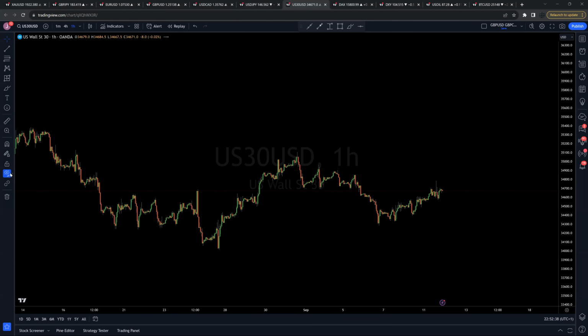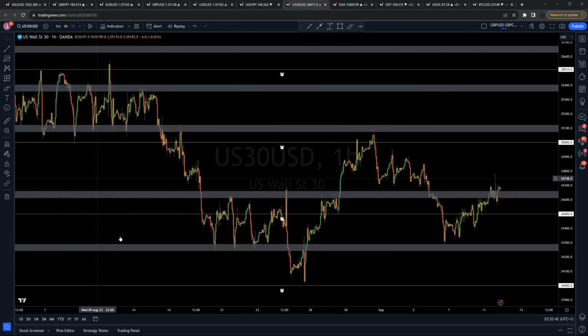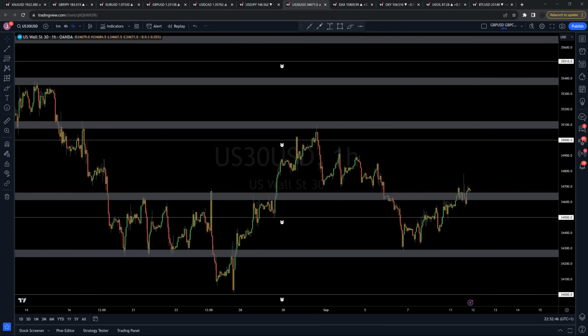US 30, I can still see on dollar softness, buyers holding that demand zone around 34,300s, 34,500s. Still see buys from these prices up into retesting into the 35,150s there before assessing sells again.